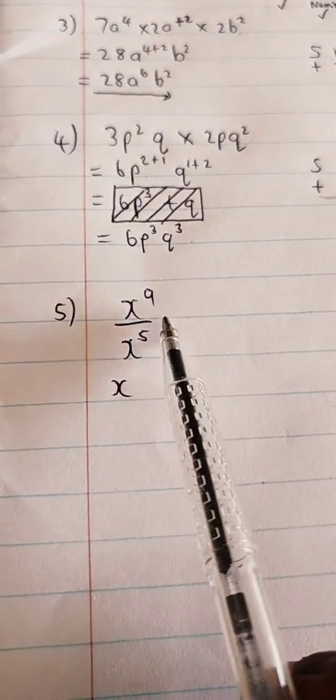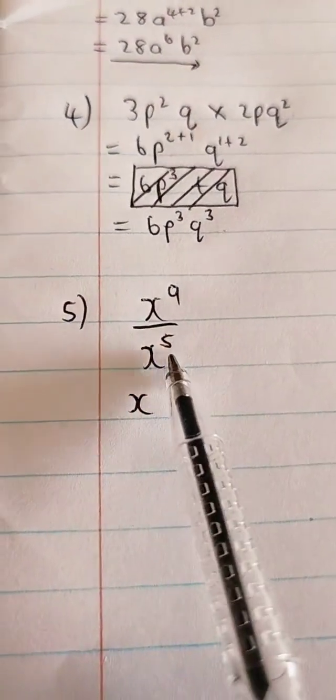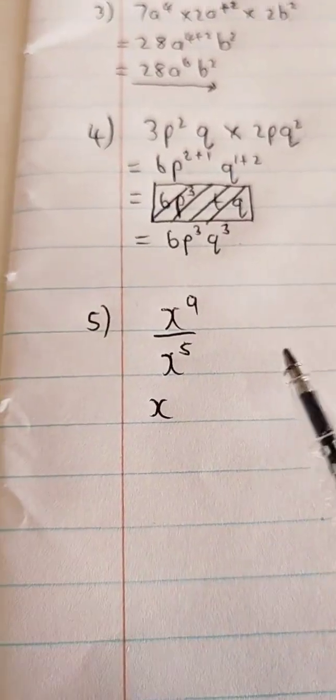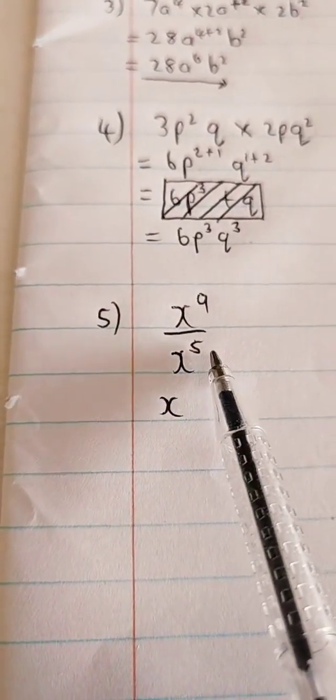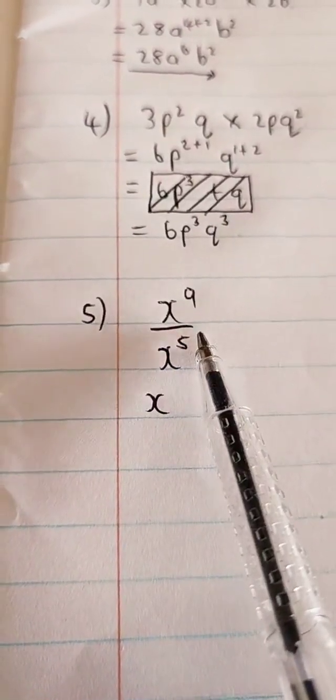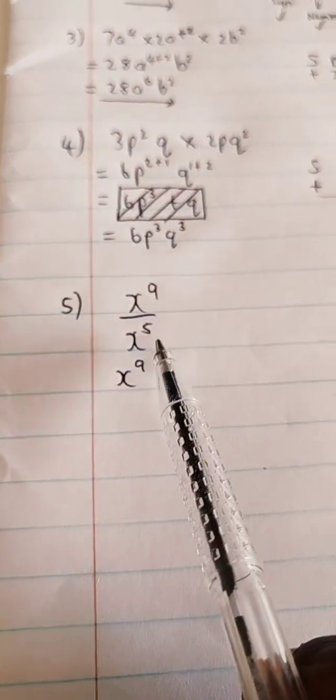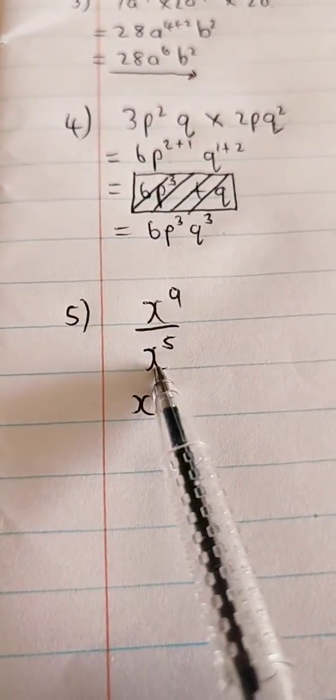Right? So the thing here that we need to note, if you remember, the x to the power 9 that you see there gets joined by x to the power 5.